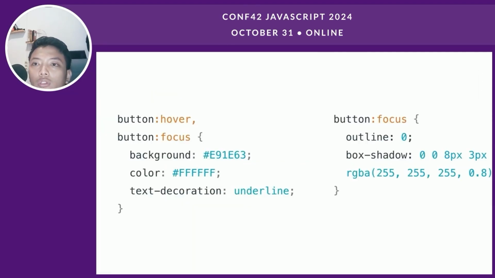The problem that we saw also was focus visibility. What we can do is add different states in your styling of components or elements. For example, on your button, we can add some hover and focus styles.